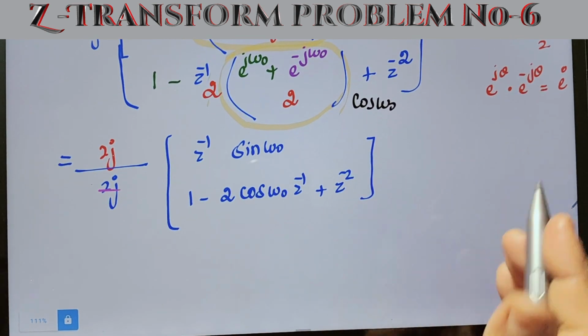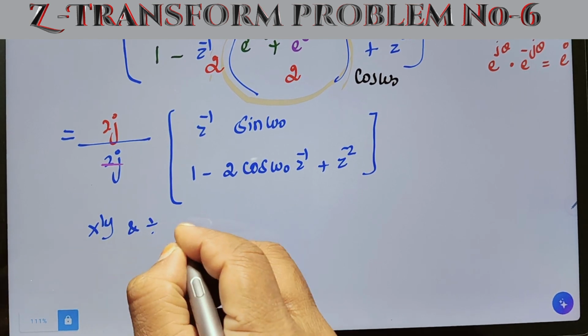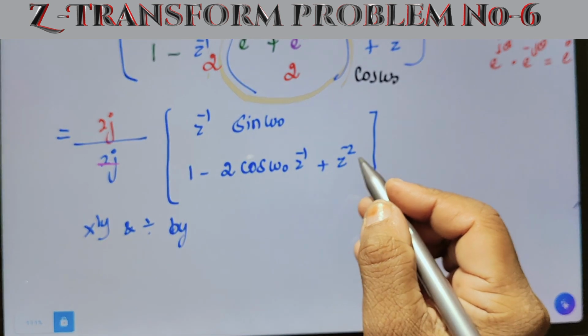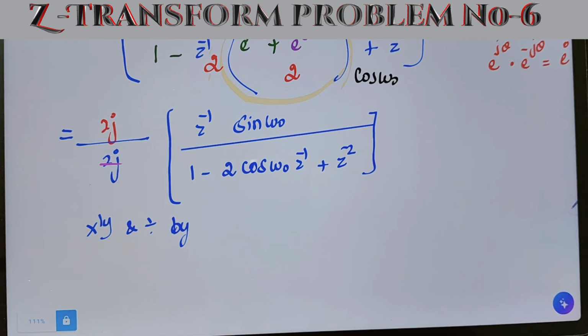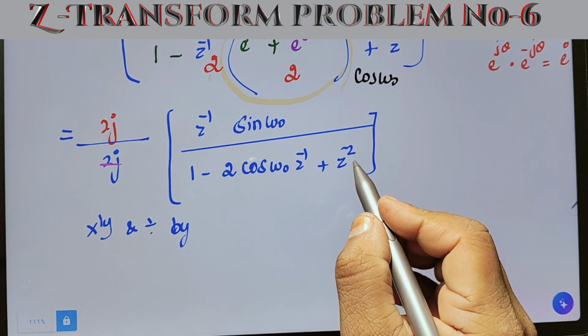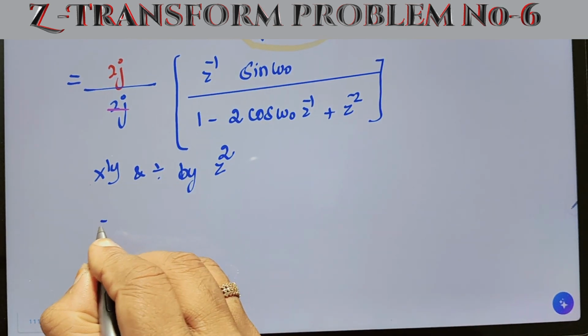For the next step, multiply and divide by the highest power. Here the highest power is z power minus 2, so you have to multiply by z square in the numerator as well as the denominator.